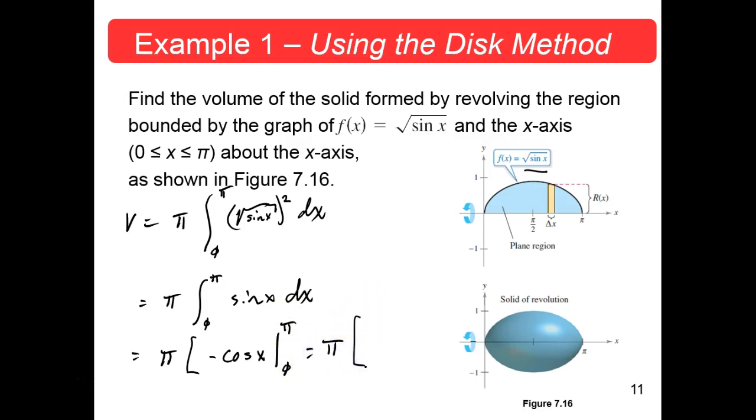So this is going to be pi times, let's first plug in, what is negative the cosine of pi? Anyone remember that? Cosine, remember how cosine looks? Starts at 1, goes down to 0 at pi halves, and down to minus 1 at pi. Right?